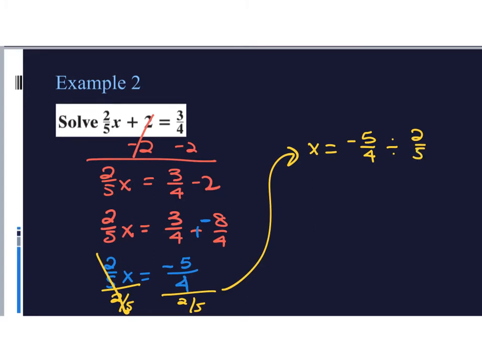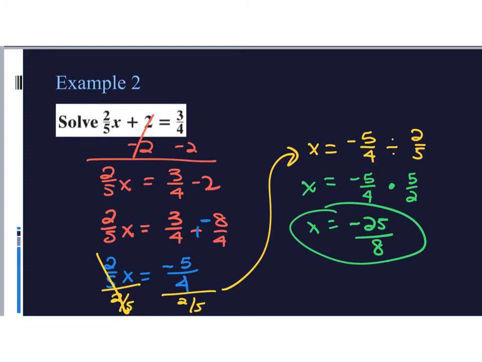So if you recall, I'm going to change that to keeping the first term, changing the operation, and flipping the second term. So I really have x equals negative 5 times a positive 5 is a negative 25, and 4 times 2 is 8. So x equals a negative 25/8.